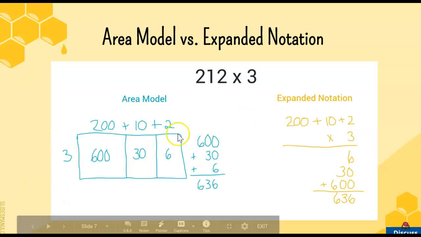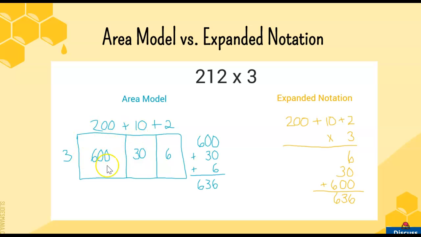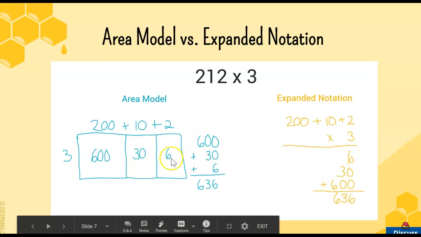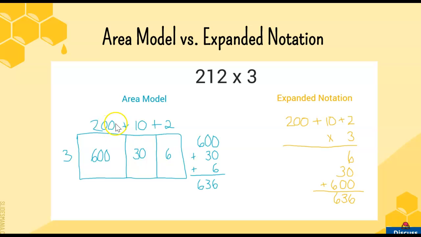Okay, so when you're comparing these two, you'll notice, obviously, with the area model, you've got the rectangular sections. Expanded doesn't have those. Expanded is usually more of a vertical, but they're both using the partial products, and the number 212 has been decomposed the same in each one: 200 plus 10 plus 2, and the partial products in each are 600, 30, and 6.